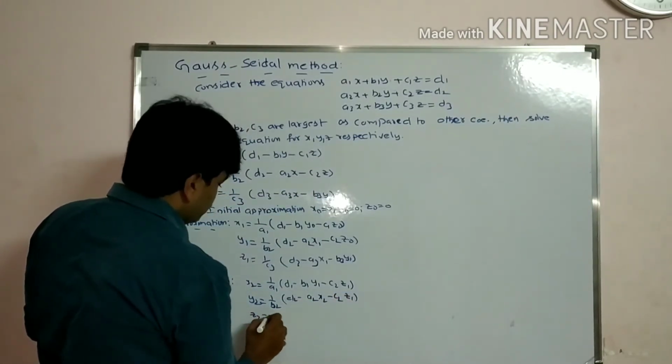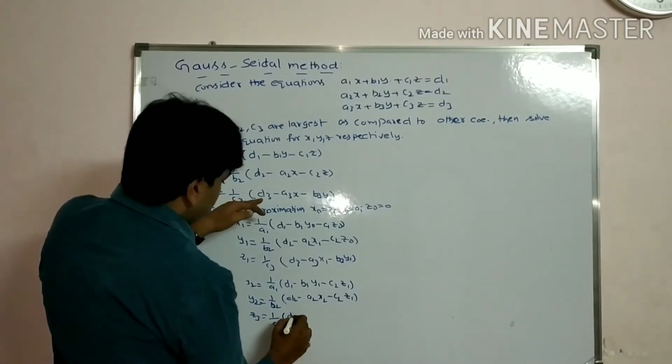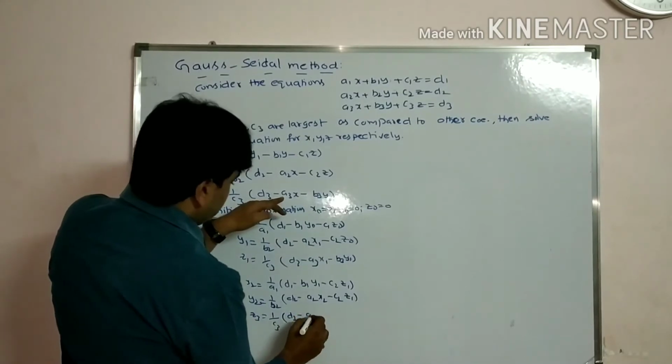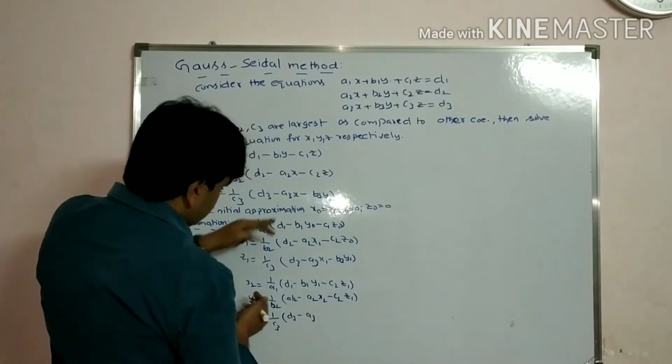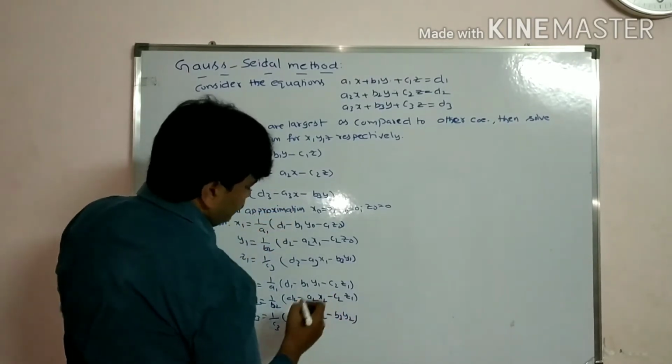So what about z2? 1 by c3 into d3 minus a3 x2 minus b3 y2, as we have already found x2 and y2.